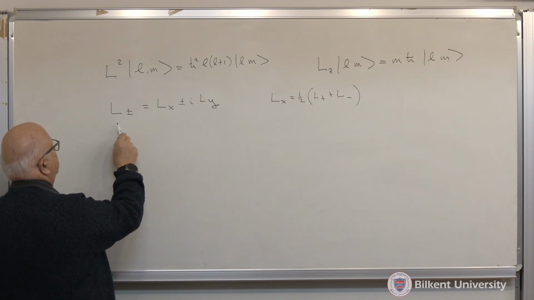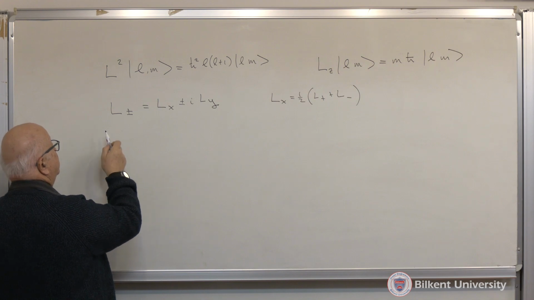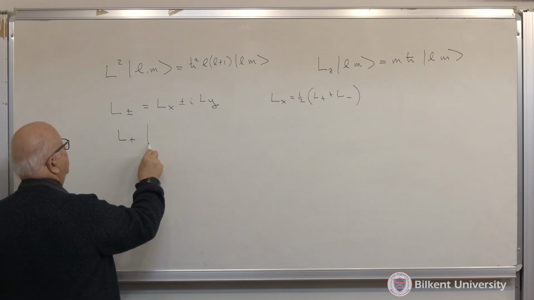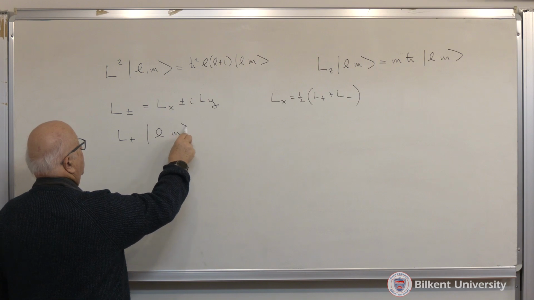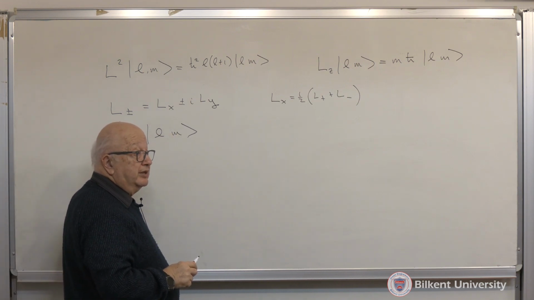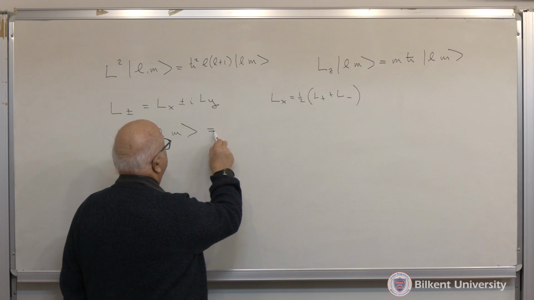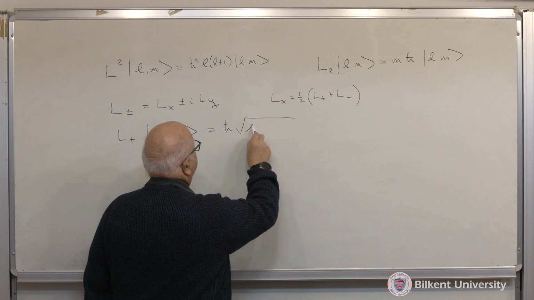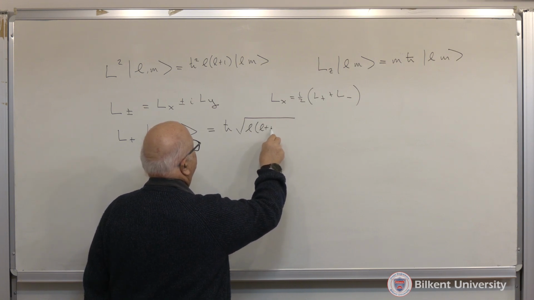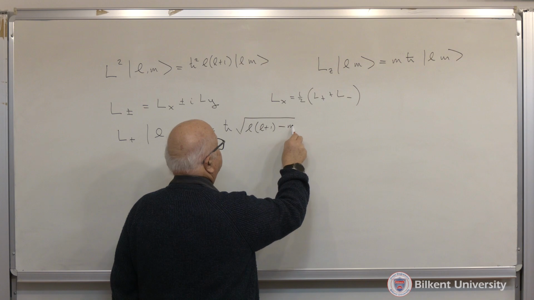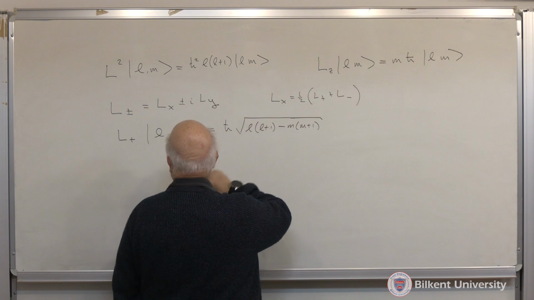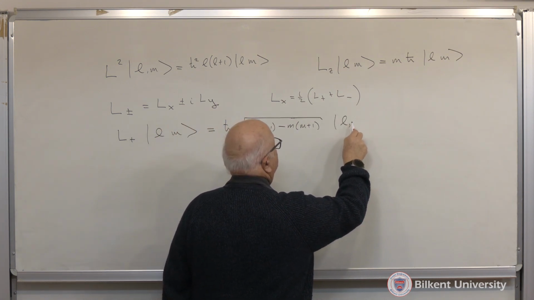How do I find the matrix representation of L plus and L minus? Just remember that if I act with L plus on |l m>, I get the same l but a different m, and there's also some constant that I have to put in so that everything is normalized. So I have L plus |l m> = h bar sqrt((l - m)(l + m + 1)) |l, m+1>.